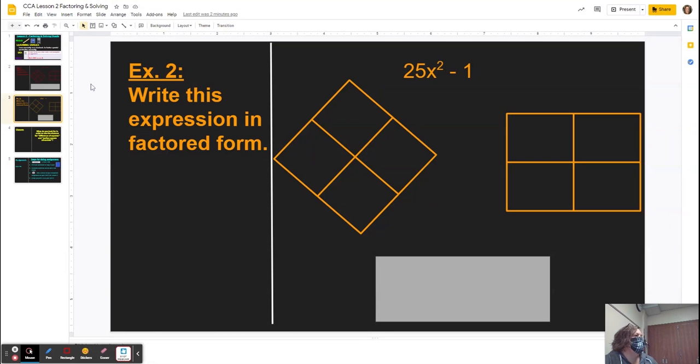Here's the next example, 25x squared minus 1. All right, based on what we've talked about, what am I going to put in this upper part of the triangle?